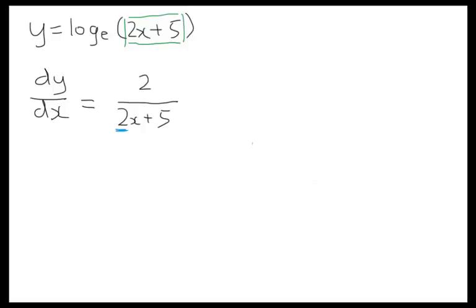Now, of course, this does generalize to things outside of straight lines. And in fact, we can prove something similar for a general function. So let's say y is equal to log base e of f of x. So f of x here is some function in terms of x. We don't know what it is, and at this point, we don't particularly care.